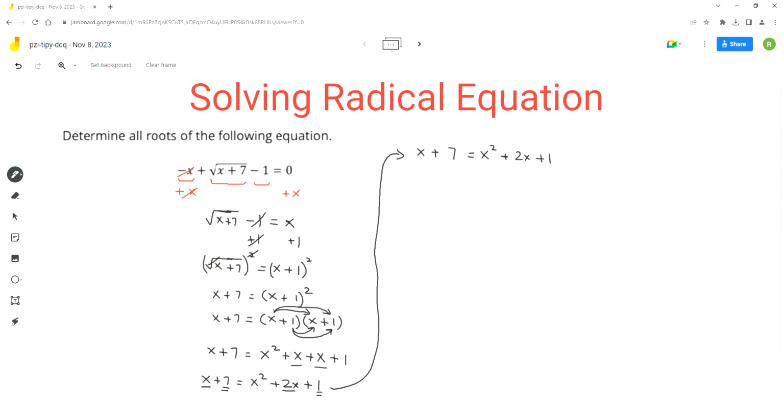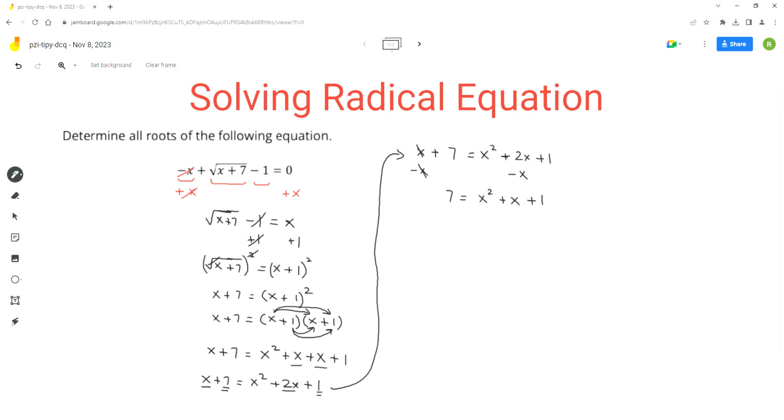So we can gather the x terms by subtracting x from both sides. So the x's on the left side, they cancel each other out. So we are left with 7 equals x squared, and then we do 2x minus x, which is just 1x or just x.